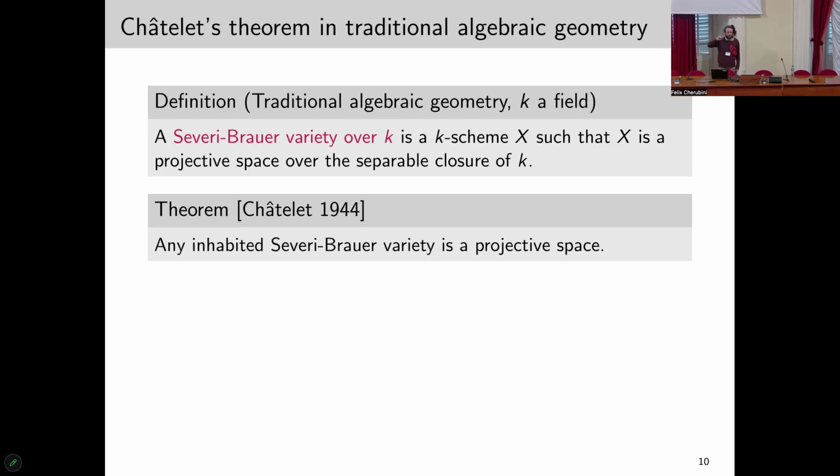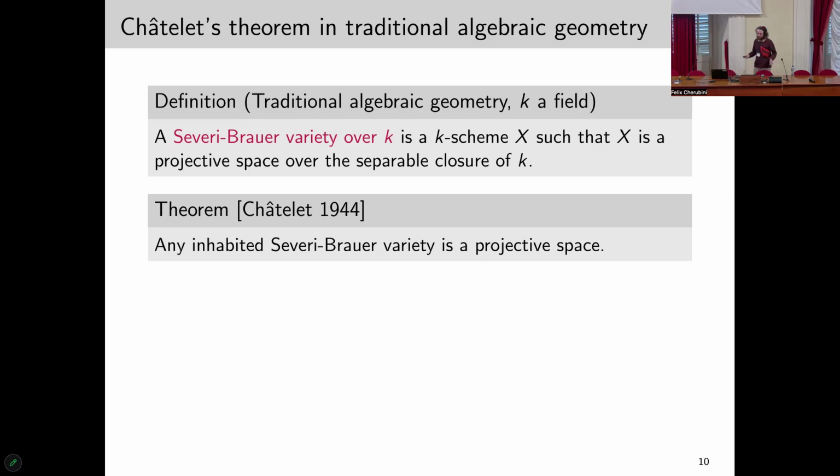The way he phrased it was in traditional algebraic geometry, of course, over K a field. And a Severi-Brauer variety, he defined as a scheme over this field, so something which is locally defined as roots of polynomials with coefficients in this field, such that if we see the polynomials as polynomials in the separable closure of the field, then the type X is a projective space.